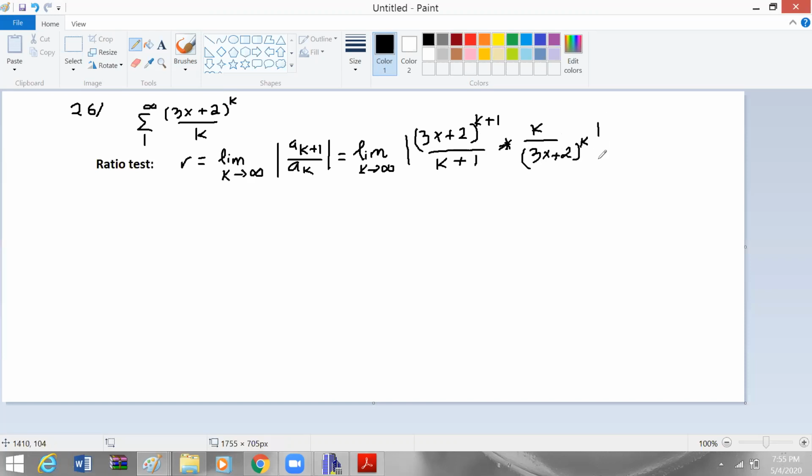And after that, we're going to cancel it out. And then we're going to have 3x plus 2. Okay, so the limit will be, so k and k, so that'd be 3x plus 2 times the limit of k going to infinity of k over k plus 1.